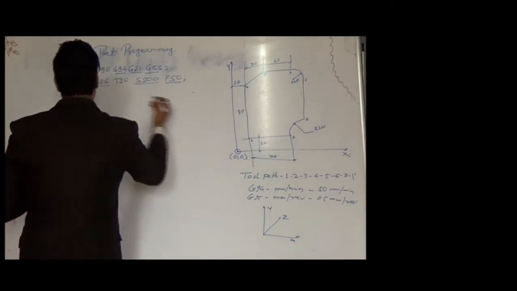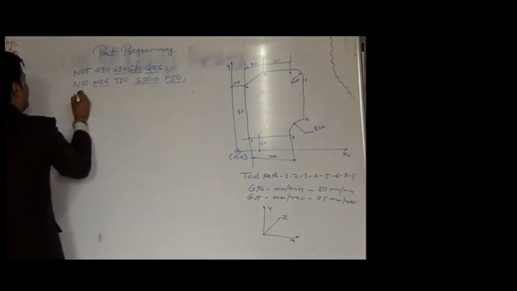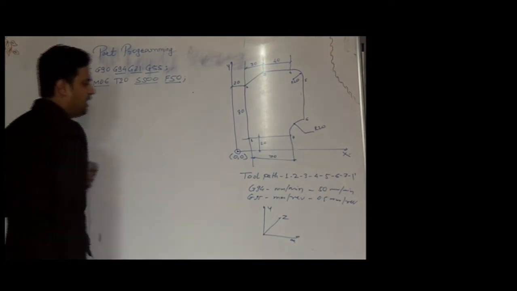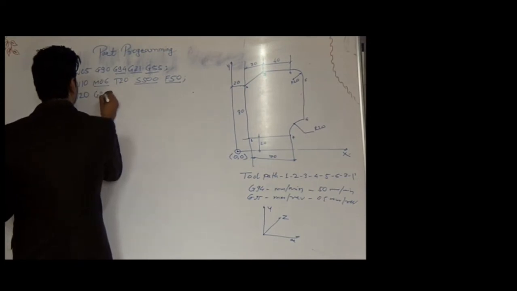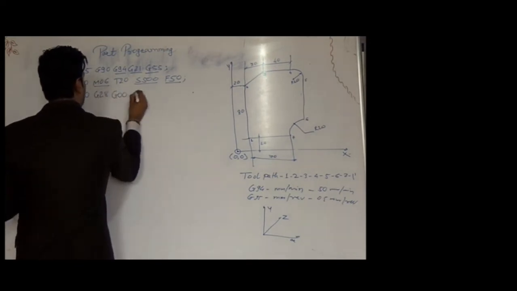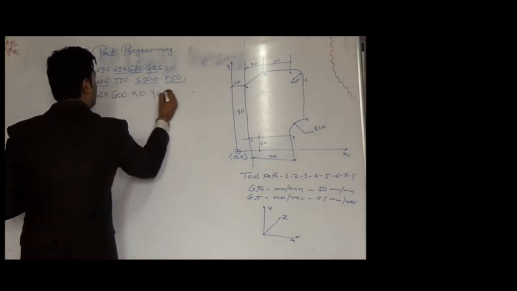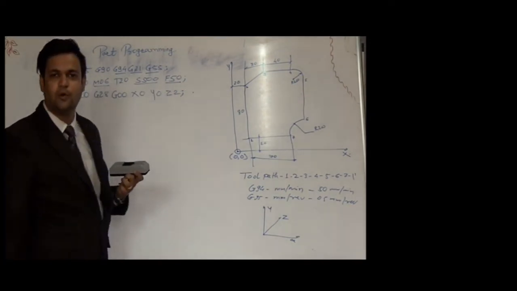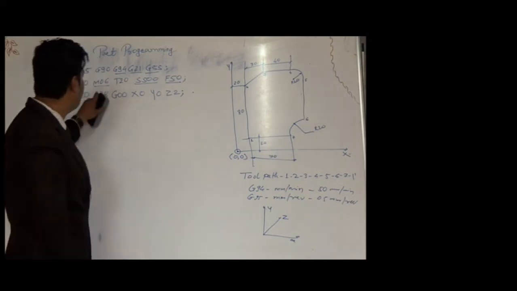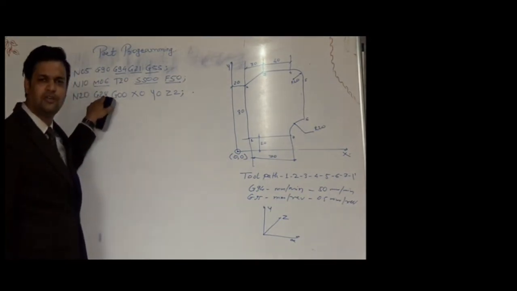Okay, the next N20. Now G28, G00, x0, y0 and z2. So this is the origin position of the cutter. G28 is the home position of your machine.